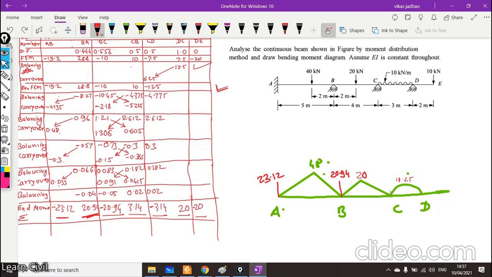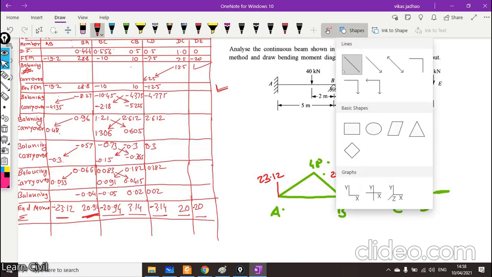For CB we will be having 3.14. Draw here 3.14 like this, and for DC we are having minus 20. So draw here minus 20.